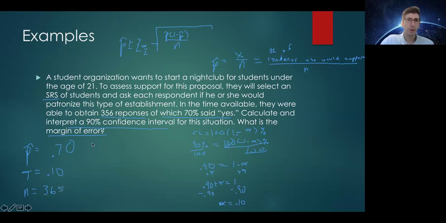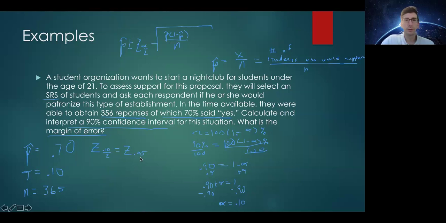All right, so I think the last thing we need to find is our z, say 0.10 divided by 2. So this is z, right, with 0.05 area under the curve to the left.